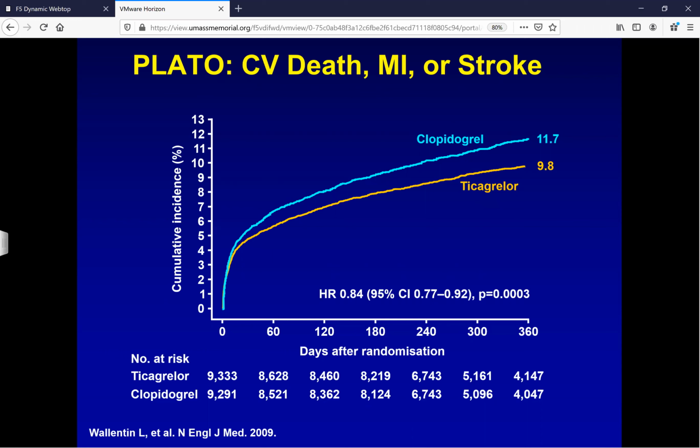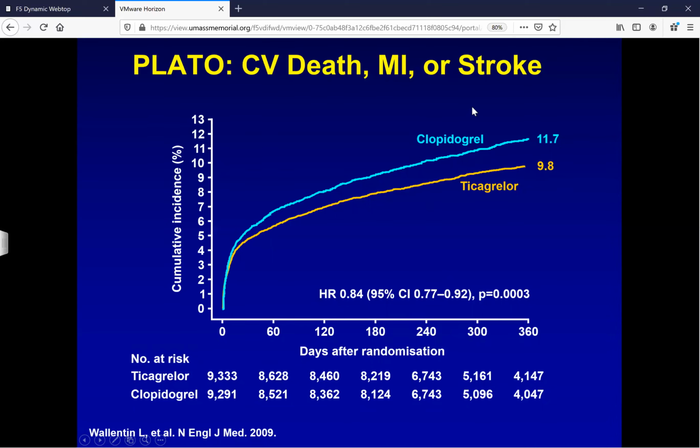So in TRITON 38, what are they comparing against? The arm is Clopidogrel, the standard of care. In PLATO, they are comparing against Clopidogrel. Now you see, this is weird, right? So the cumulative incidence is around 9.8%, although they are including what in it? Stroke in it.